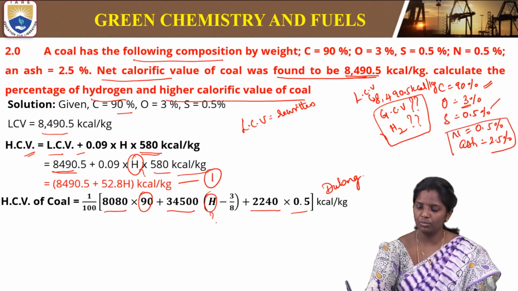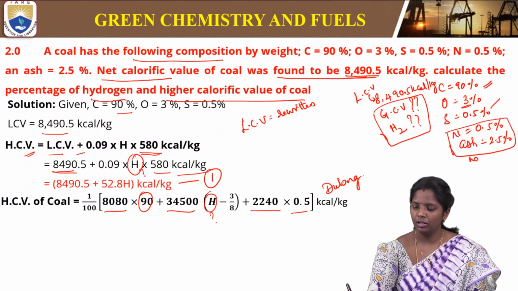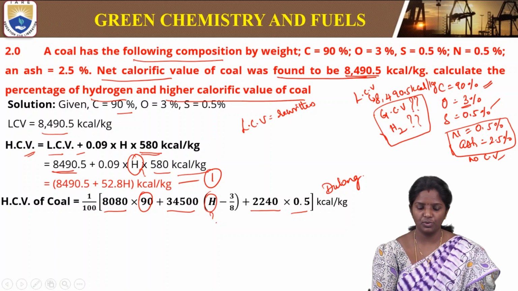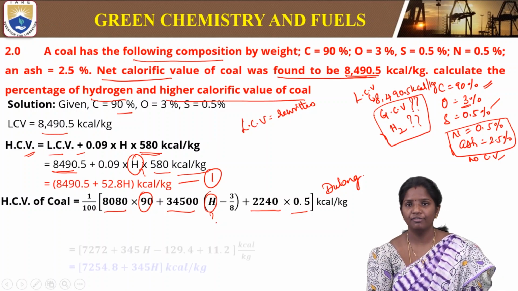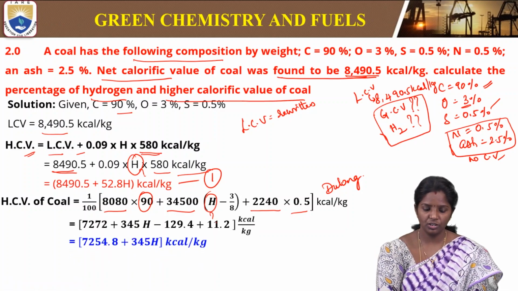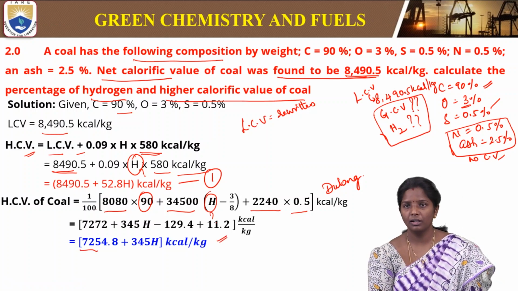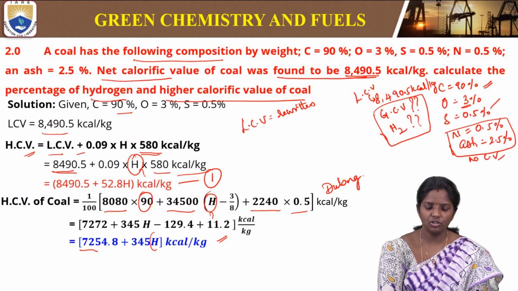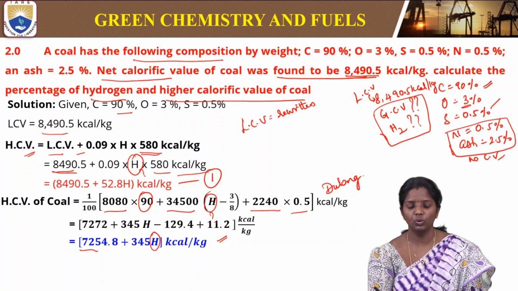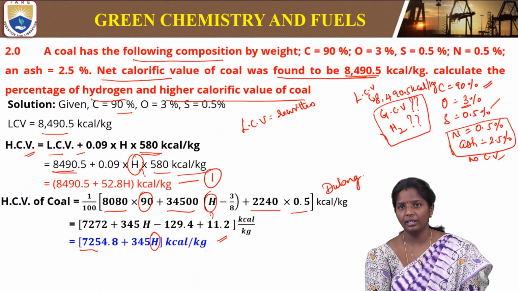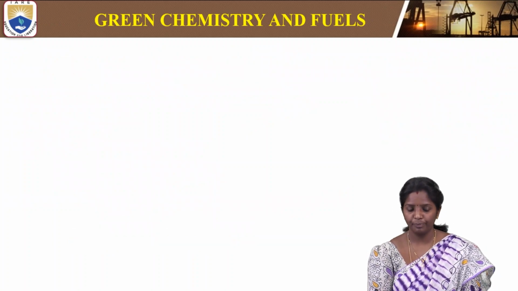These two, nitrogen and ash, have no contribution to the calorific value, so we do not consider them for the calculation. Now we substitute these values in this formula and after simplification we get 7,254.8 plus 345 H, kilocalorie per kg, because we don't know the hydrogen value. So this is the high calorific value of that particular coal.